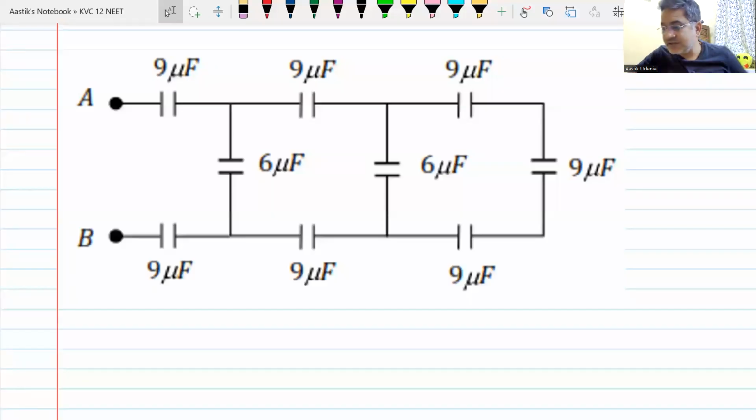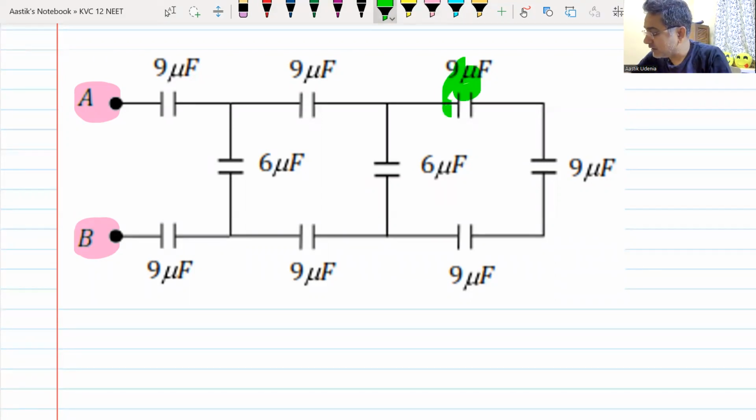How did you get 3 as the answer? Now remember, I have to find the capacitance between this point and this point, A and B. So I start from the other end, and on the other side, I see this 9, this 9, and this 9.